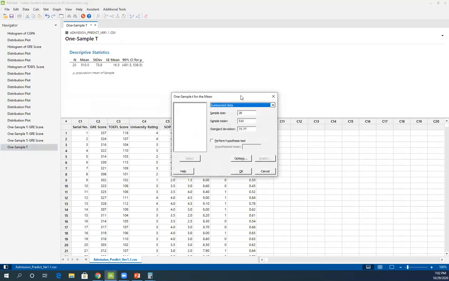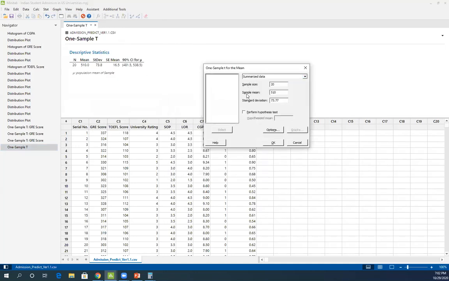So I took sample size 20, sample mean 510, and the standard deviation. There are two ways to do that. One, if you have all 20 students' data in an Excel sheet, you can just select the column. But we have just summarized data, and we are checking at 90%.